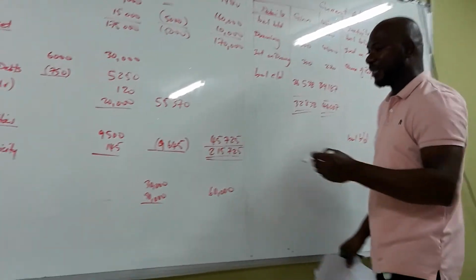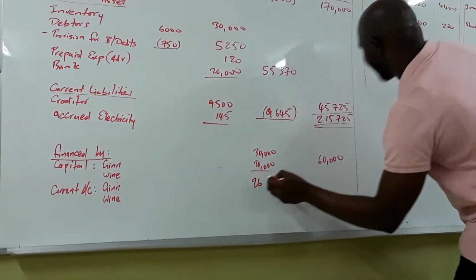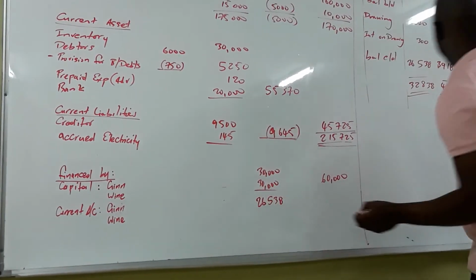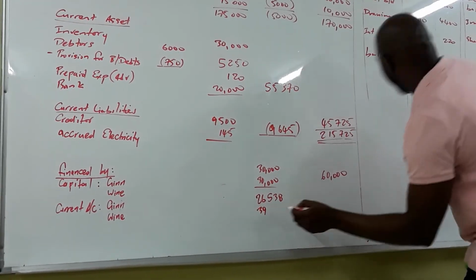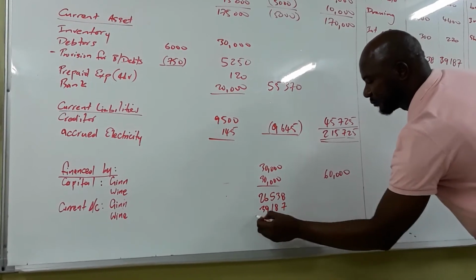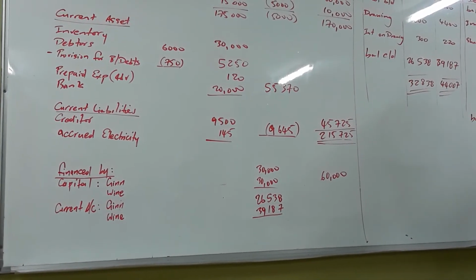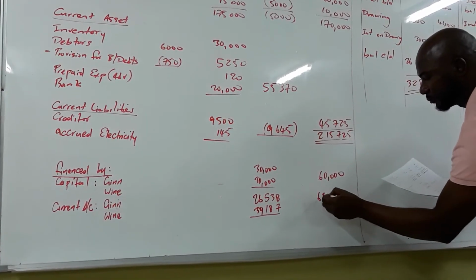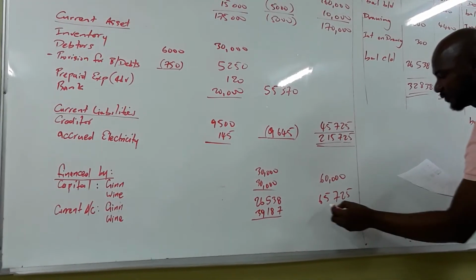So for Gin, the closing balance was 26,538, whereas Wine's closing balance was 39,187. When you add these two figures, the total of the current account is 65,725.